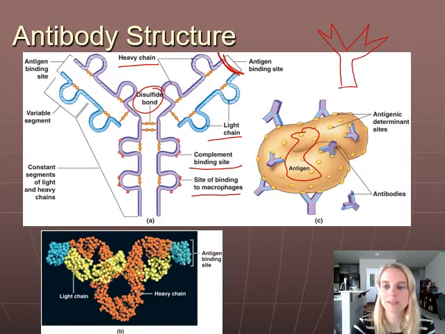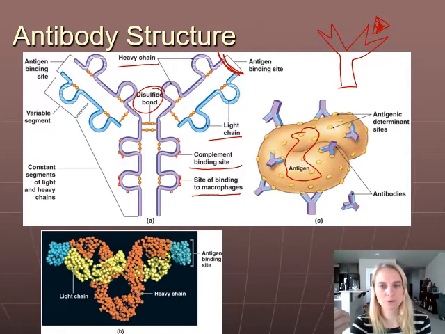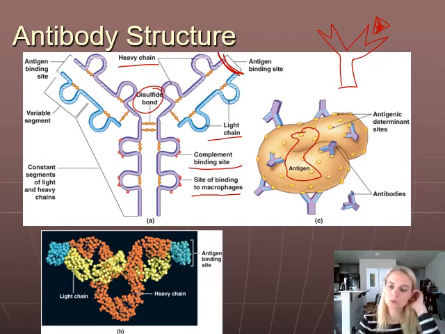Maybe this was my anti-A because the A antigen had the triangle shape. So that's that specific recognition. It is a molecular lock and key, almost like an enzyme and its substrate. The antigenic determinant site is recognized molecularly by the shape of the antigen binding site. Once those bind, you now have your virus or bacteria completely covered by these antibodies, which will then allow the immune system to do its job, okay?